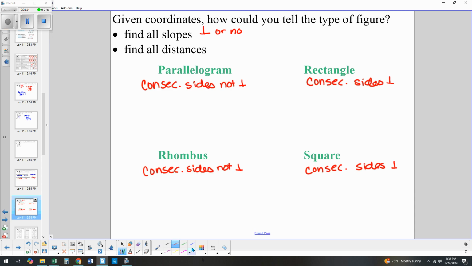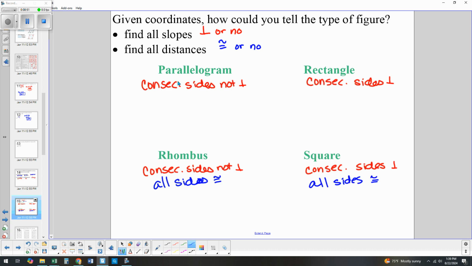So the distances, we're checking to see if they're congruent or not. And we're looking to see if all of the sides are congruent, because if it's a type of parallelogram, at least the opposite sides should be congruent. But if it's going to be, say, a square or a rhombus, then all sides need to be congruent. Sides congruent.